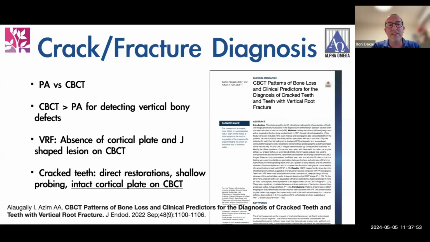He found that CBCT is more sensitive in finding vertical bone defects. And in vertical root fractures, there was a loss of the cortical plate, which was also better observed on the CBCT compared with the periapical radiograph. He found that when there are cracks, the intact cortical plate interferes with their diagnosis on CBCT. So there's no reason to send a tooth that is suspected as having a crack to a CBCT scan.